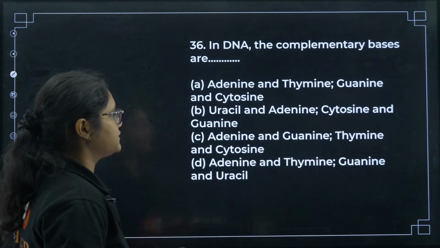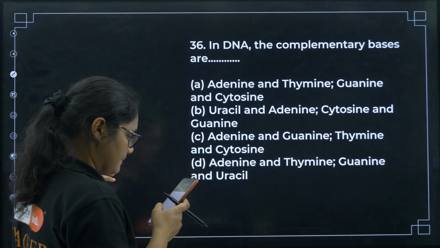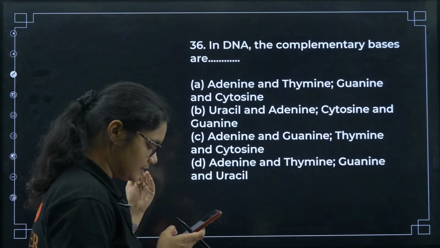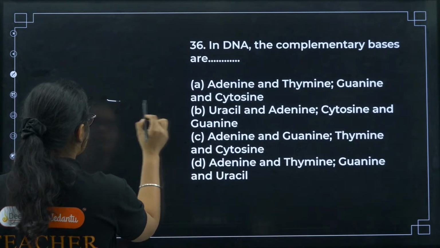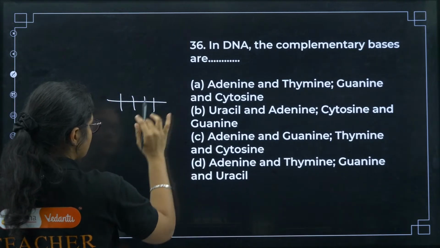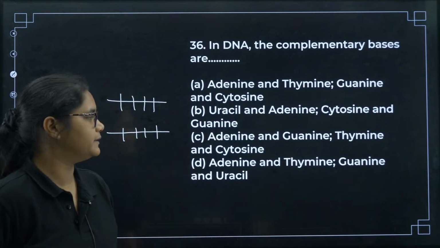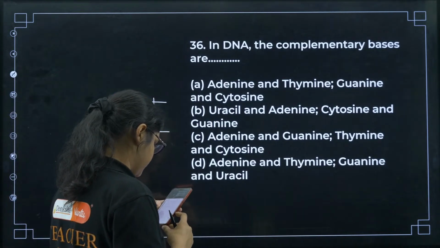Next, 36 question. In DNA, the complementary bases are, in DNA the bases are complementary, right? What that means is, if you know the bases on one strand, you can find the bases on the other strand easily. That is called complementary. So which bases are complementary, that you have to tell.